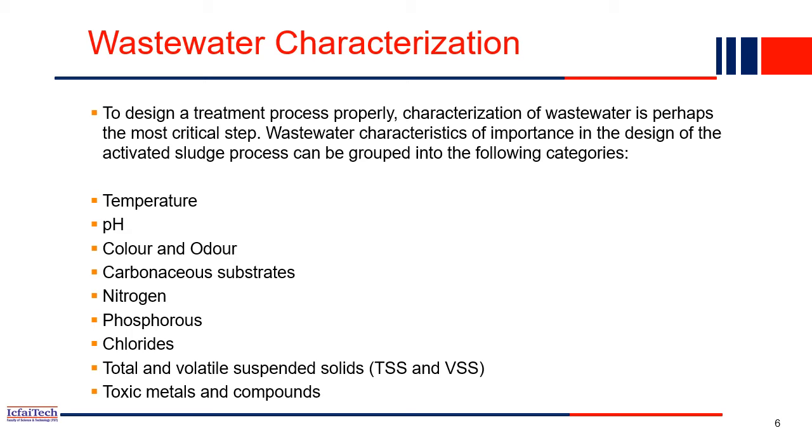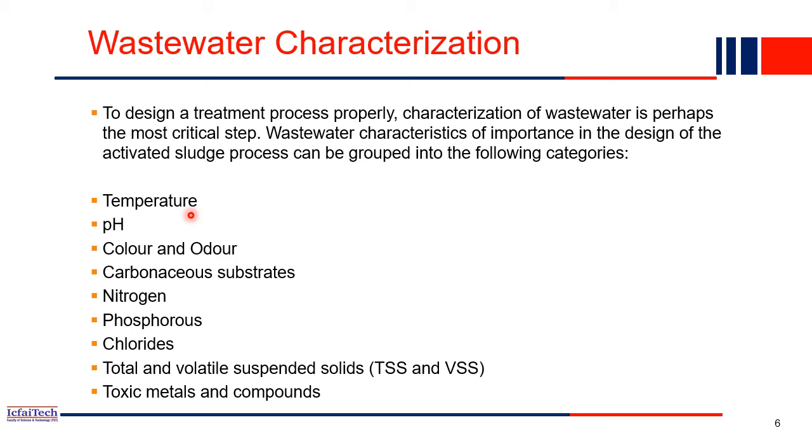before we design the wastewater treatment plant, first we have to understand what the characteristics of wastewater are. Similar thing what we have done for the water supply also. We understood the characteristics of raw water, right? Similarly here we are understanding the characteristics of wastewater. Once we know the characteristics of the wastewater, based on that we can design the treatment plant.